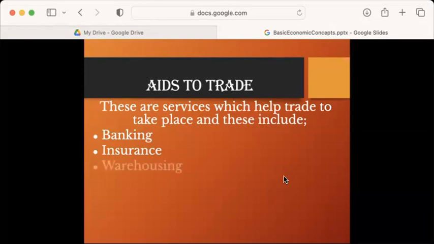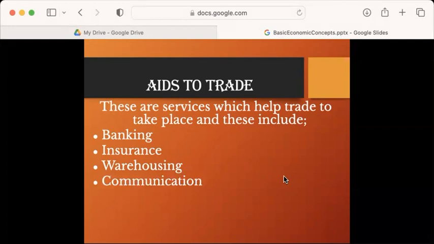That is insurance, which is needed by traders. Warehousing: not all businesses have their own storage facilities and so on. So the businesses may need support. That means we may be able to get the support of other warehouses, to get them to run smoothly by buying in bulk and storing and all that.